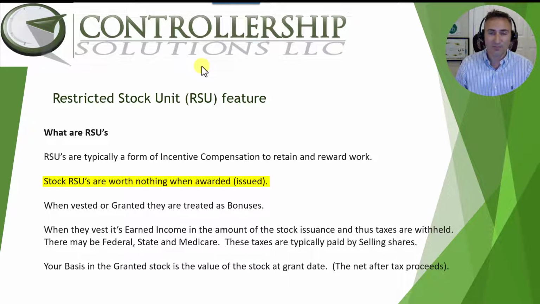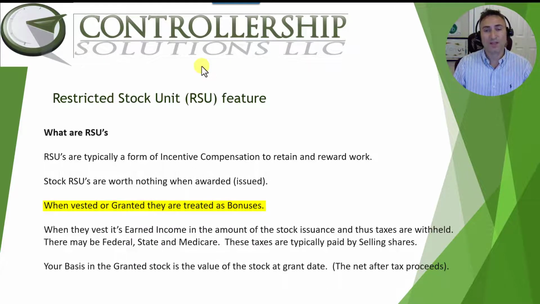When they're given to that employee, it's important to note they are worth nothing. It's just a promise to say, if you are still employed on such and such a day, and sometimes if a certain milestone is met, then you are entitled to a certain amount of shares. When you do hit those milestones, whether it be time or another type of milestone, you are granted those RSUs, or vested.